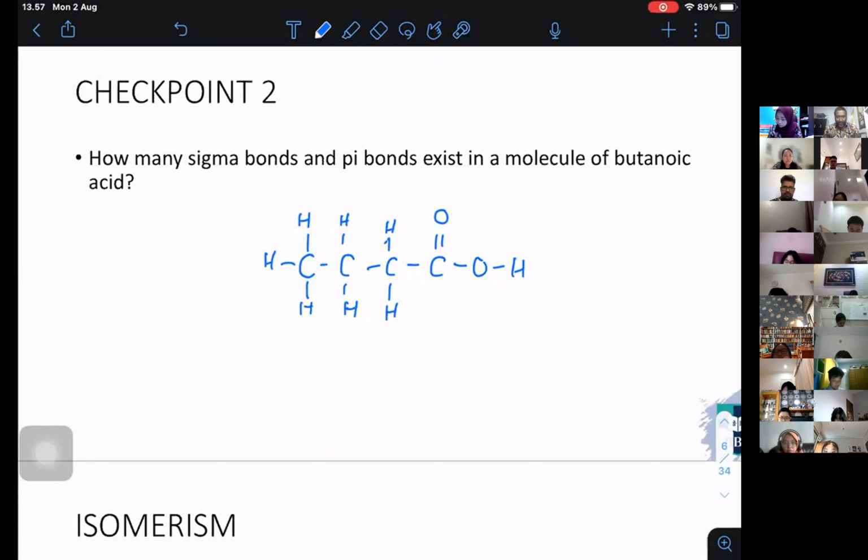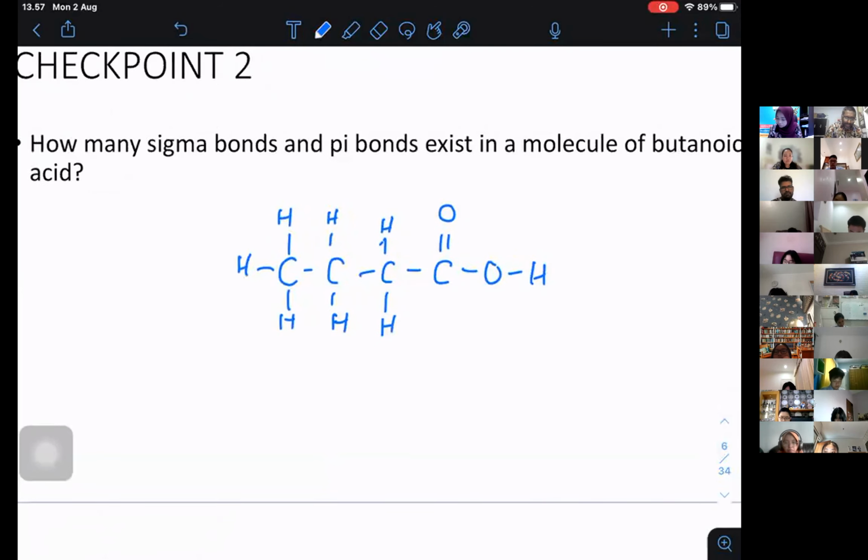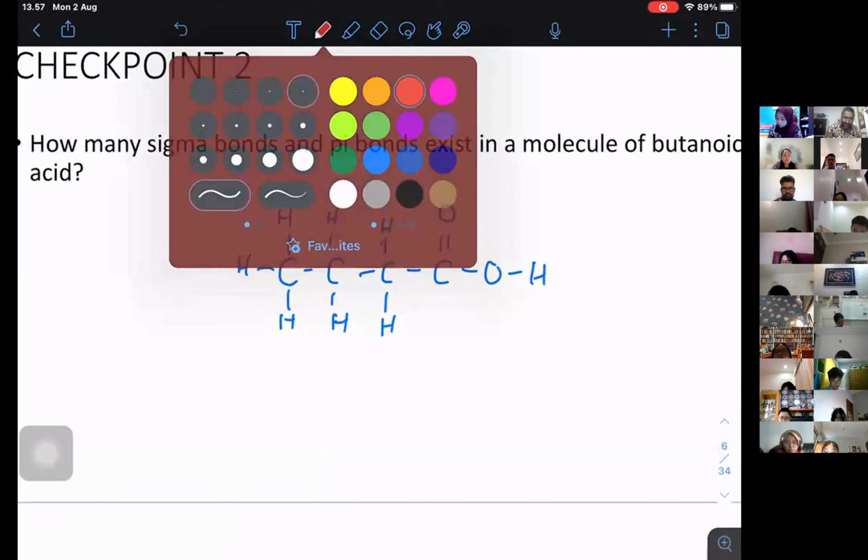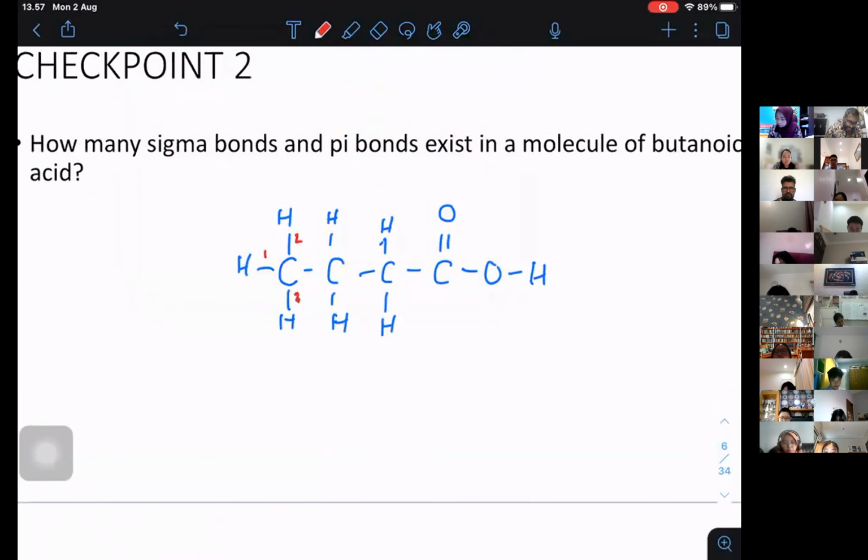So let's count how many sigma bonds: 1, 2, 3, 4, 5, 6, 7, 8, 9, 10, 11, 12, 13. So you have 13 sigma.